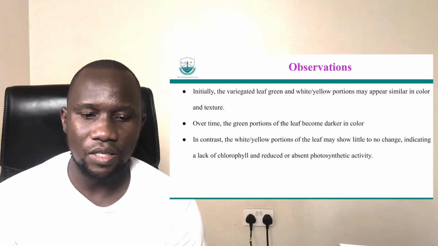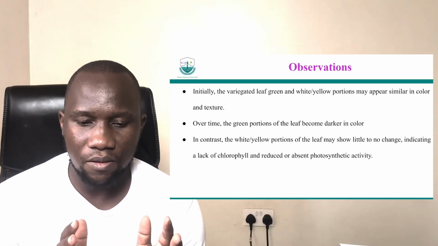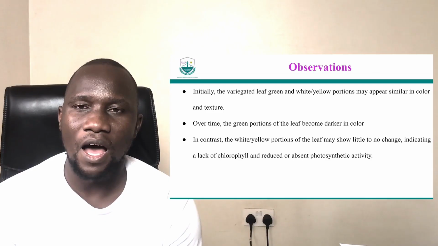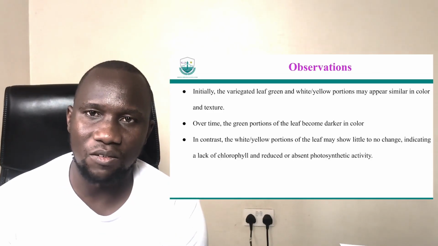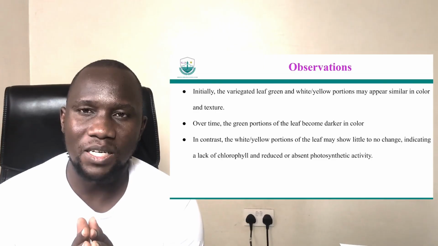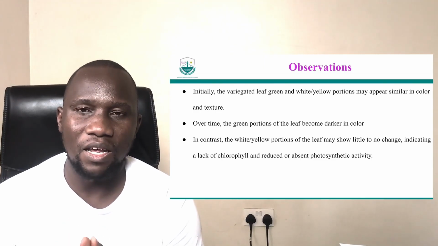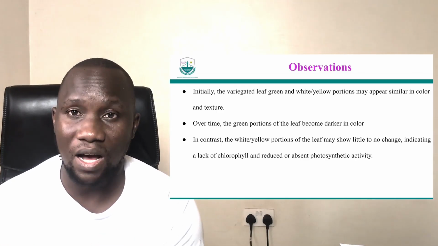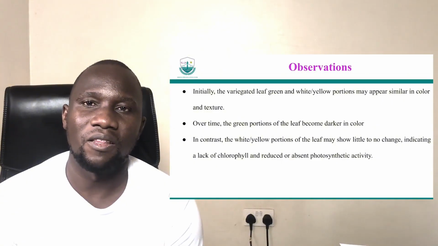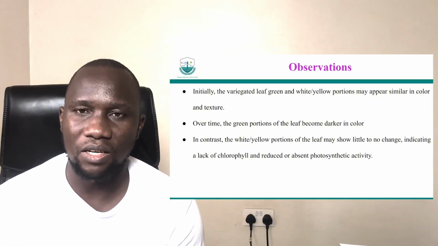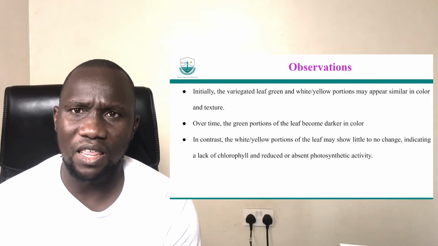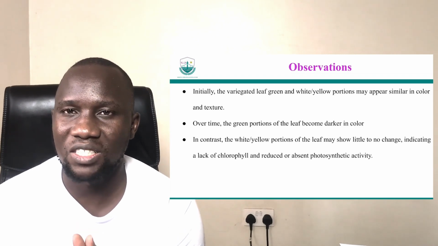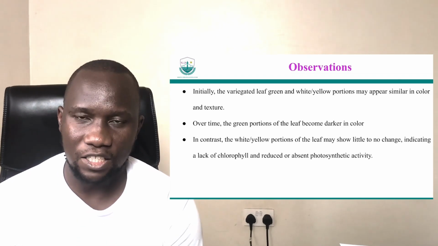Initially, the green parts of this leaf and the non-green parts will appear the same. But over time, you will notice that the green parts turn dark, or blue-black. And the parts that did not contain chlorophyll, which we are terming as either yellow or white, you will not see any significant change.